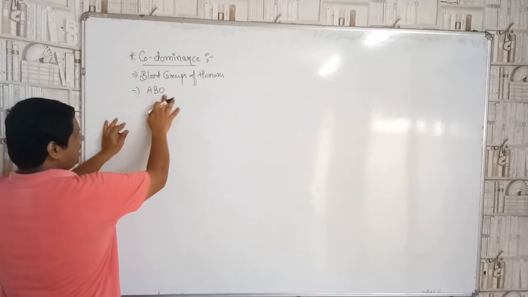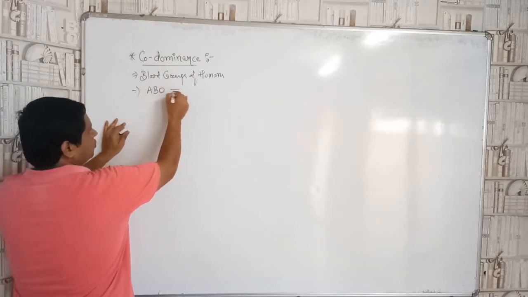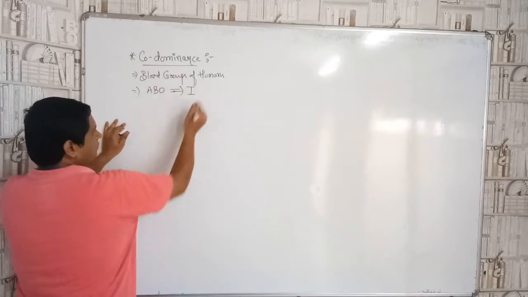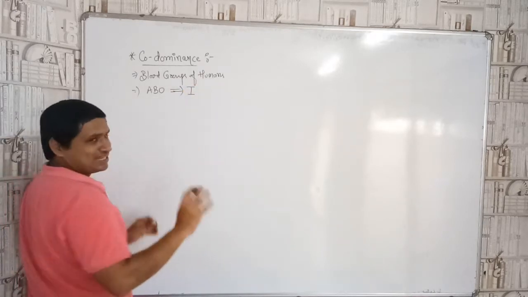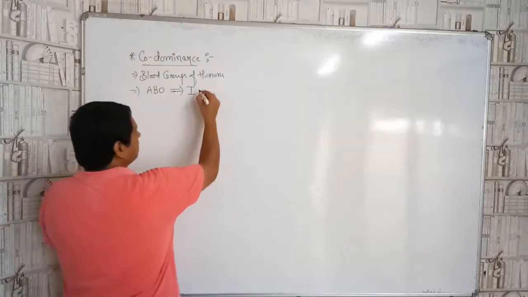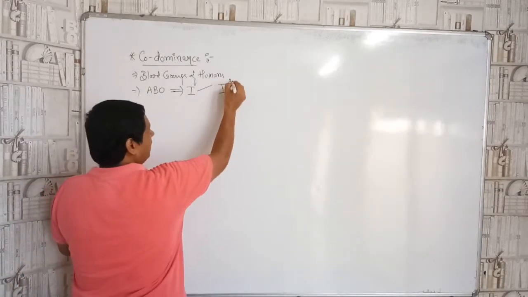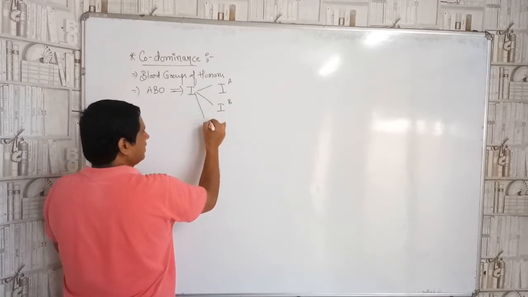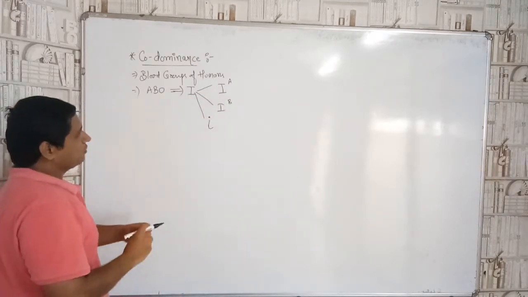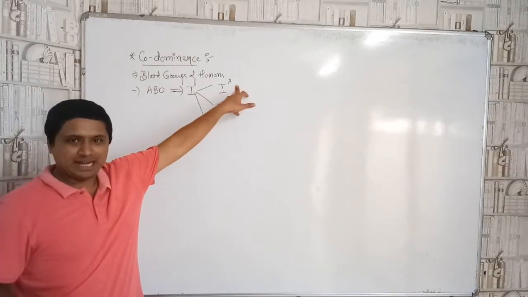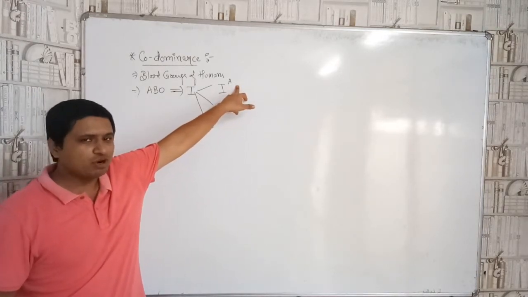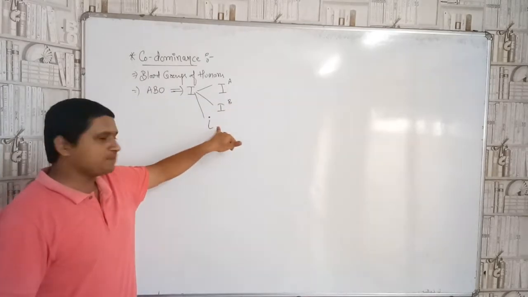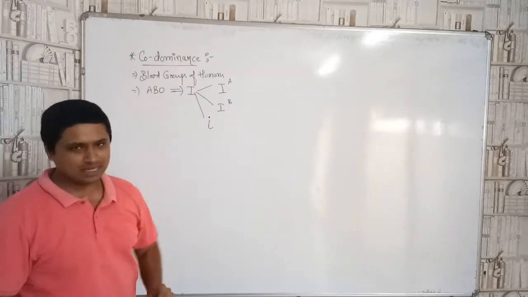They are controlled by a gene known as I. Now this I has three alleles, that is IA, IB, and i. If IA expresses, the blood group will be what, children? A. If IB expresses, it will be B. If i expresses, the blood group will be O.